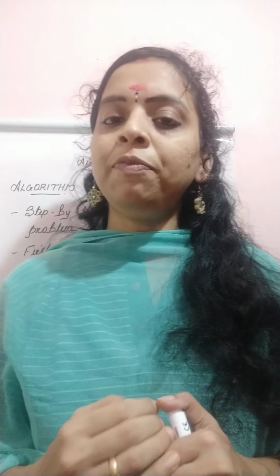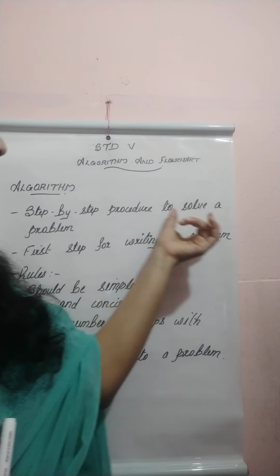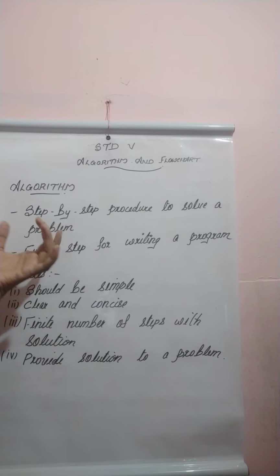This is a simple example I told you. Like this, whatever problem we give to the computer, it will do in a step-by-step procedure and give us the result. Okay. So, for making the computer do it step by step, we are using an algorithm. So an algorithm is a step-by-step procedure to solve a problem. Next, this is the first step for writing a program.